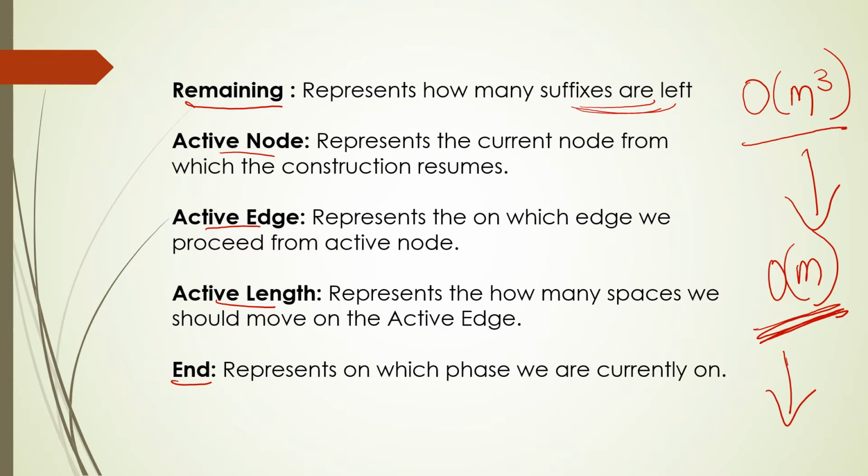Active edge represents on which edge we proceed from the active node. I'll show an example here.